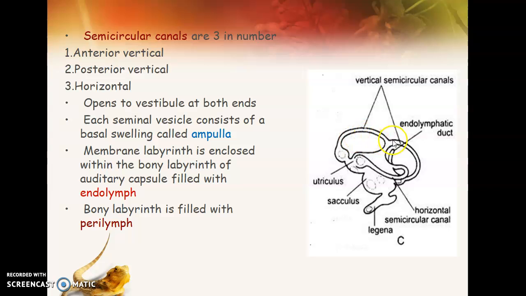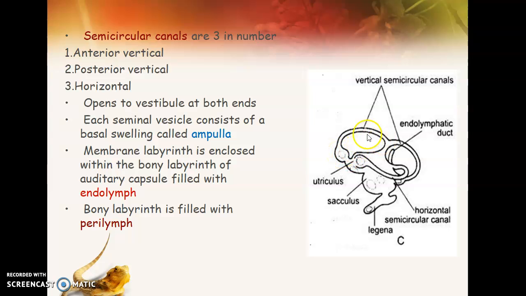These semicircular canals open to the utriculus at different regions by means of a basal swelling called ampulla. How are these semicircular canals connected to the vestibule? It will be connected to this part by means of this swelling called ampulla.